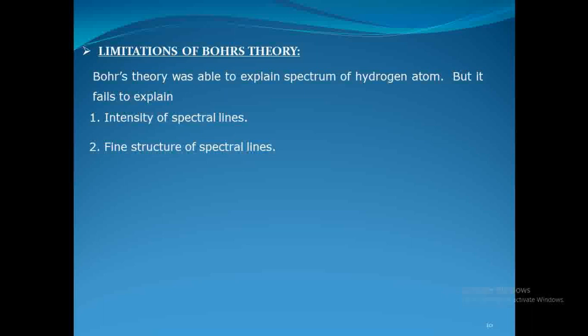If you observe that spectral line, there are closely packed spectral lines, more than one. This is what we call the fine structure splitting. What is the reason for fine structure? We'll be studying it in our next sessions. So Bohr's atomic model could not explain this fine structure splitting of spectral lines.